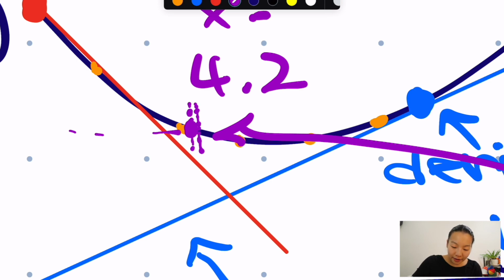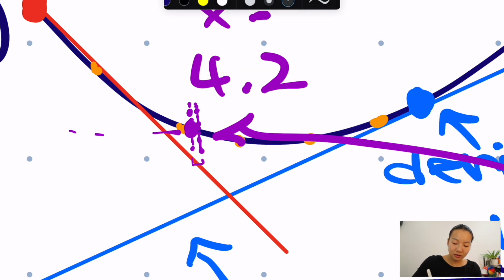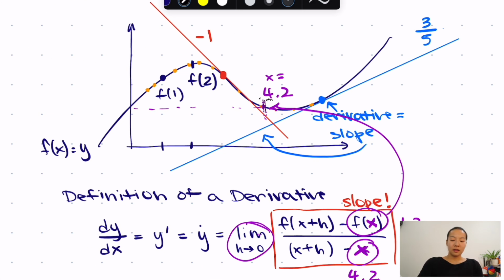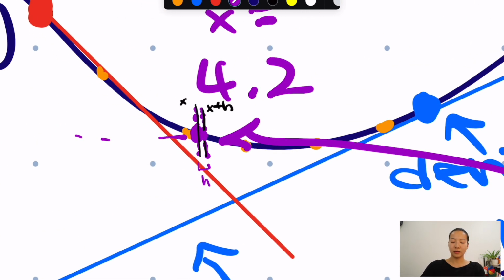And this tiny difference that I can't even draw with this pen right now, this difference here, this is going to be h. So this here is x, and this here is x plus h. So we're going to take a tiny, tiny step, and that gets us to this next place, maybe right here.